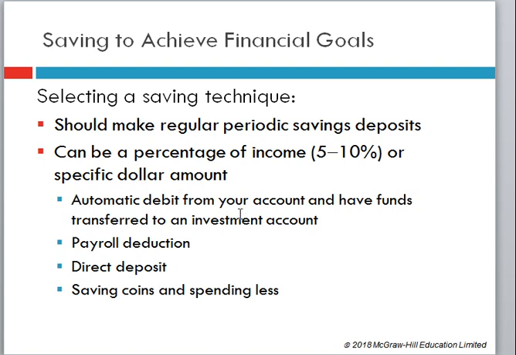Same way direct deposits, that is auto debit. And saving coins and spending less. Saving coins means whenever you have spare change, you can save that spare change in some box or something, and you can deposit it, and believe me, that becomes a big amount. And the basic point is spend less to save more.